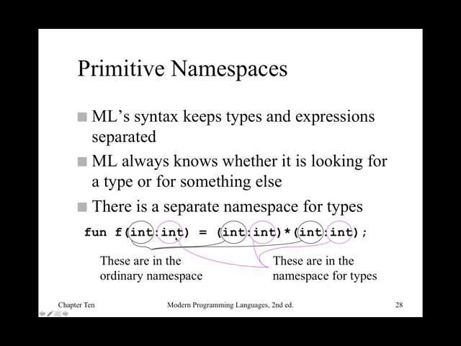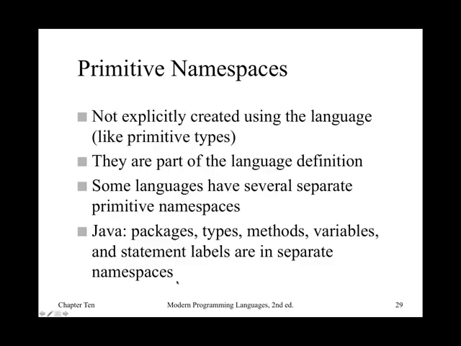Something colon, right, that's a type, colon type, it wants that. It wants these to be types. So int has to be known to it, or it has to be a type that's been defined. But these first ones, which are just variable names, or just names that we're going to use, need to be in the ordinary namespace. I hope that makes sense.